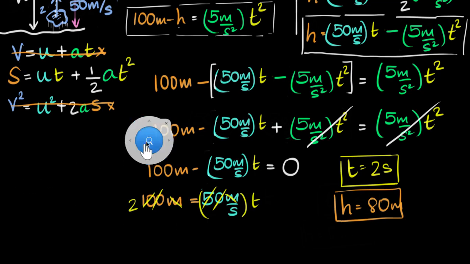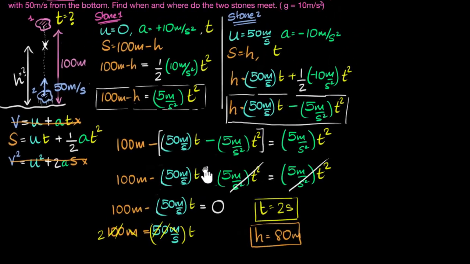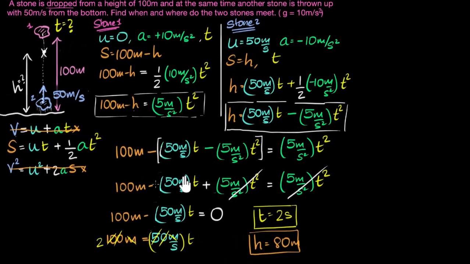And so now let's zoom out and put everything in one frame. Yeah, there it is. And so whenever we have two objects in free fall and we're asked to calculate when or where they meet, what do we do? Well, we build an equation for both of them by using the equations of motion. And then we solve the two equations to calculate the height and the time.